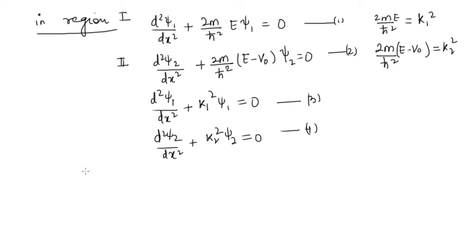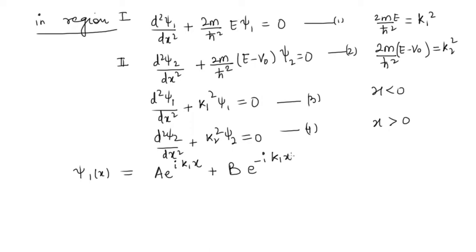So what do I get? Psi 1 x is equal to a e to power i k1 x plus b e to power minus i k1 x. This is at x less than 0, in region 1, and psi 2 is my equation for x greater than 0 in region 2.